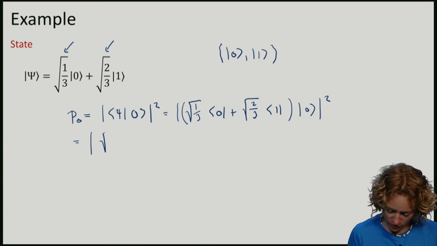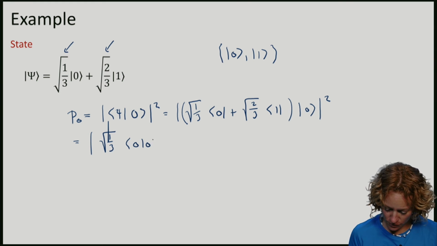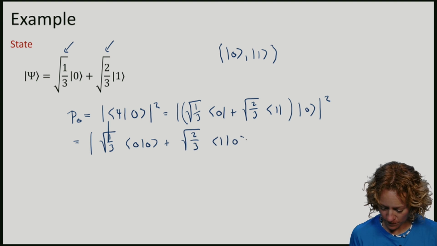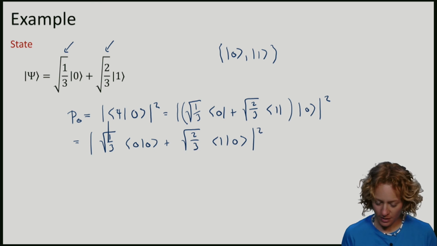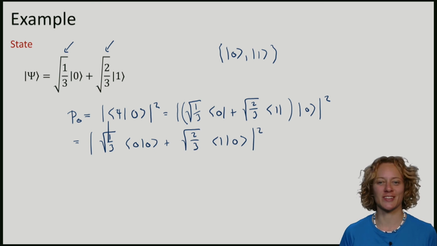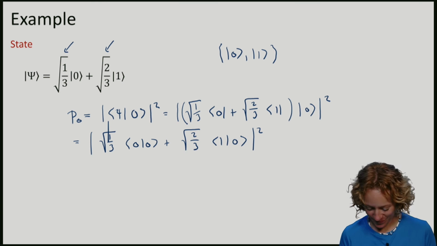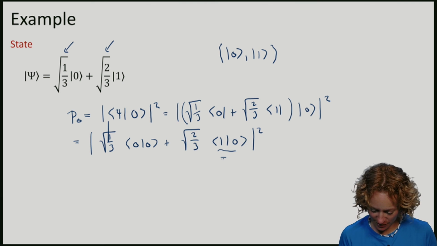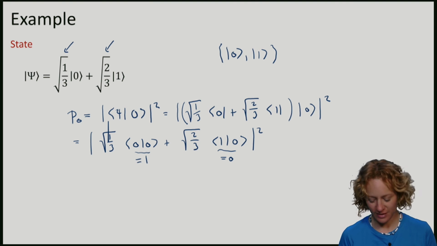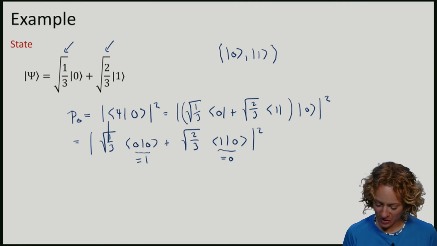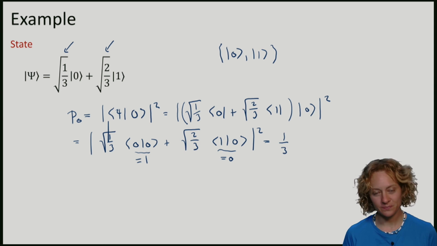So we have 1 over square root 3, 0, 0, plus square root 2 over 3, 1, 0. So remember again that the elements of the standard basis are orthogonal. So this here is 0, and because all vectors have length 1, this is 1. So we see that the probability is just 1/3.